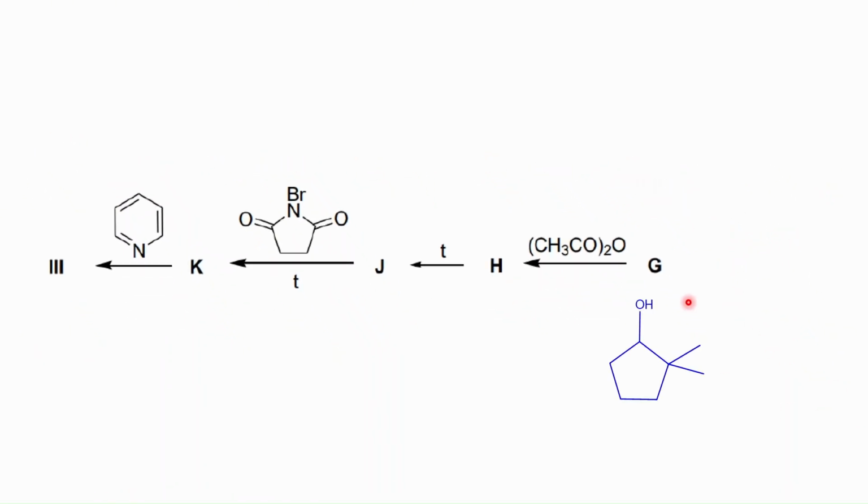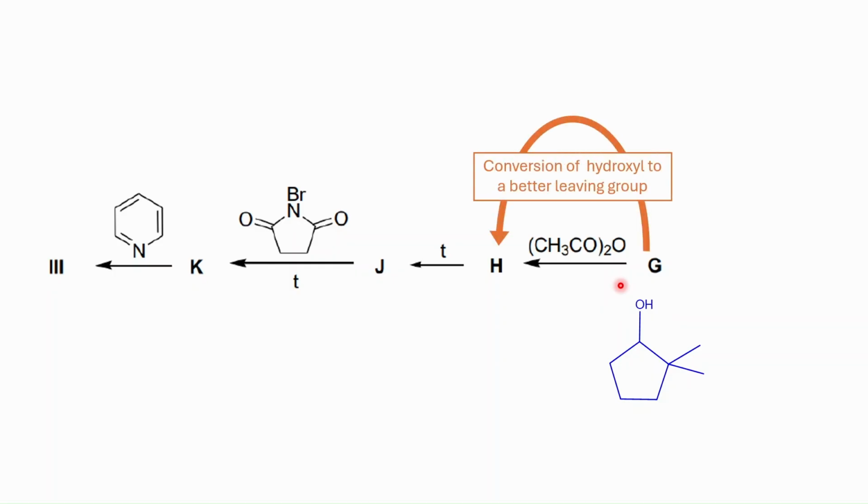So we have the structure of G as a secondary alcohol. We already know that. And what's going to happen in case this is anhydride and this is alcohol? We are going to convert the hydroxyl group into a better leaving group, an ester, so that in upcoming reactions it can leave better, because the hydroxyl group itself is a really bad leaving group.